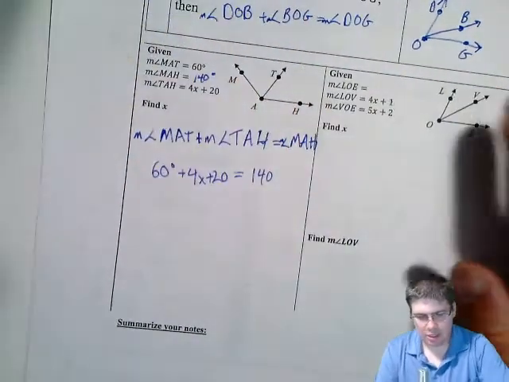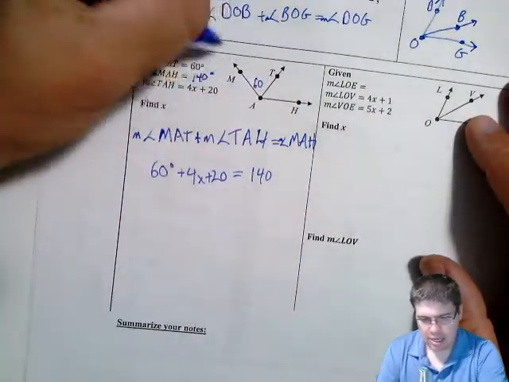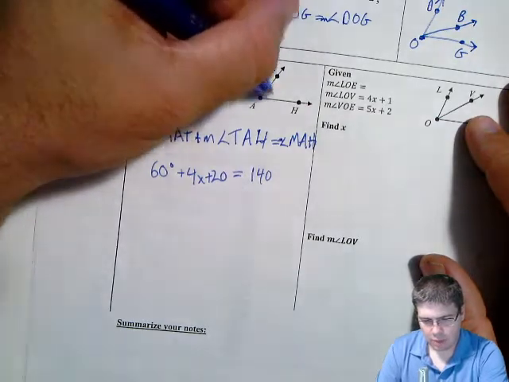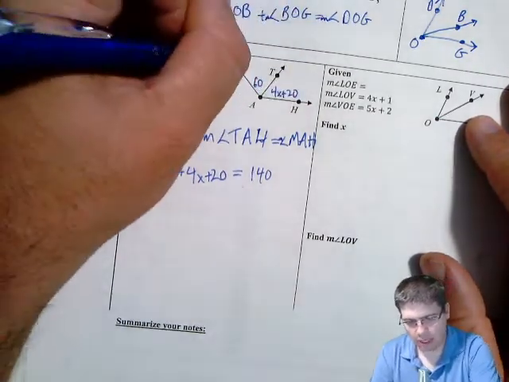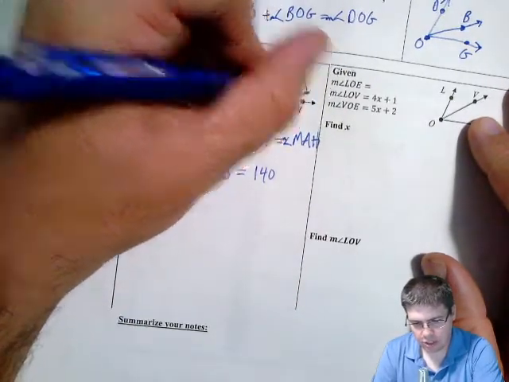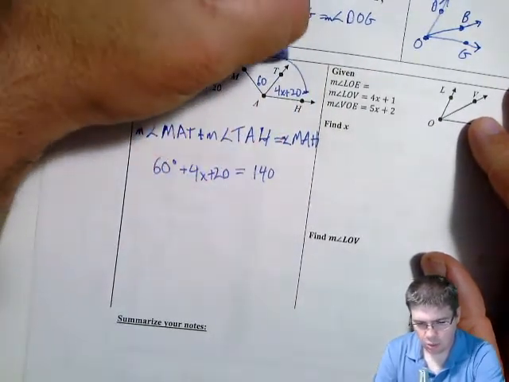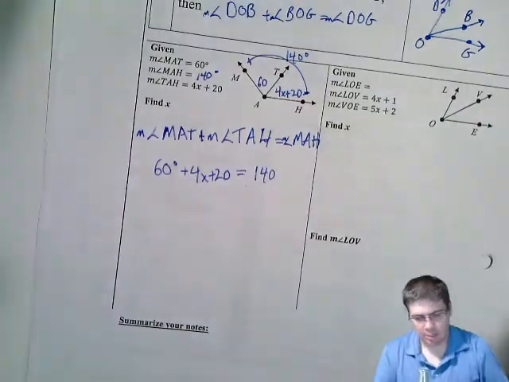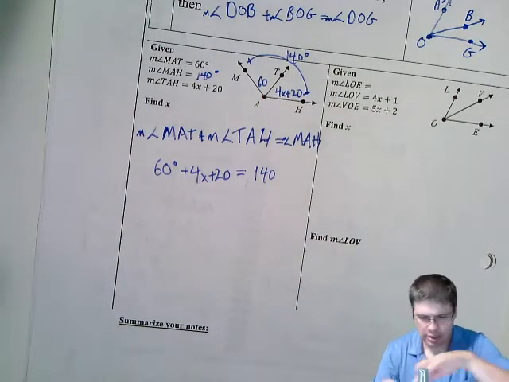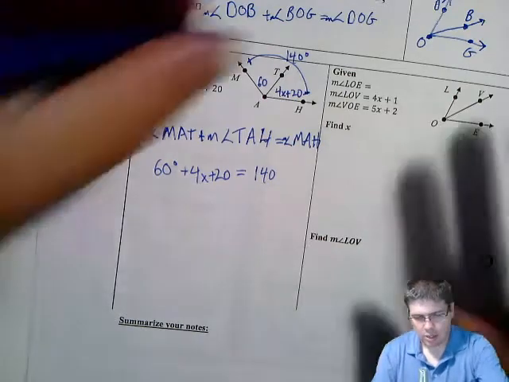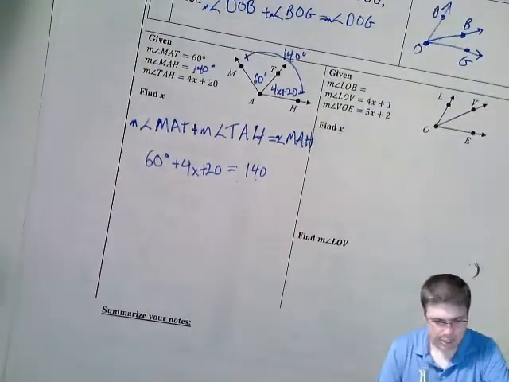If I was going to label this picture, this is 60, this is 4x plus 20, and then the whole angle is 140 degrees. It's kind of hard to show that. Sometimes we have to squeeze it in or put it on the outside. All right, so we can set this up and solve.